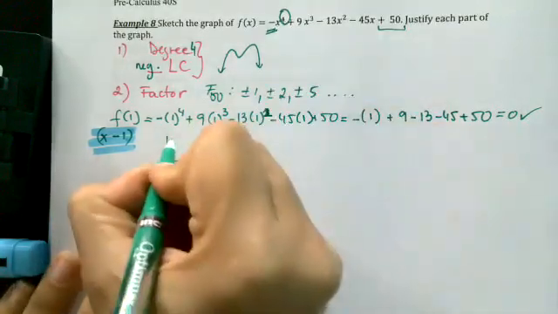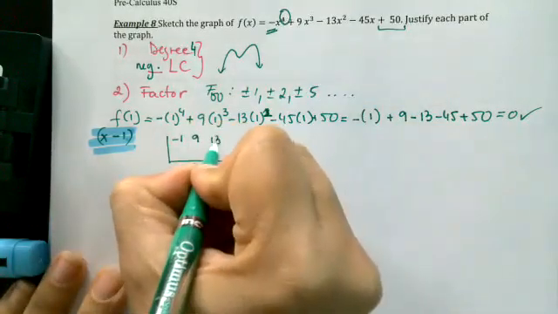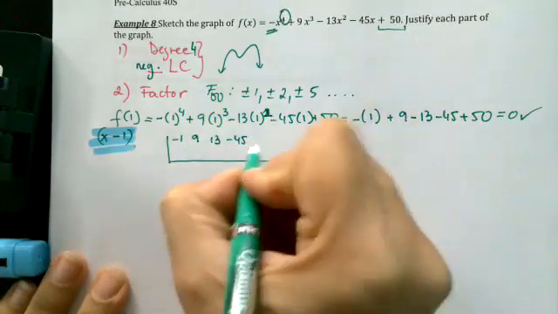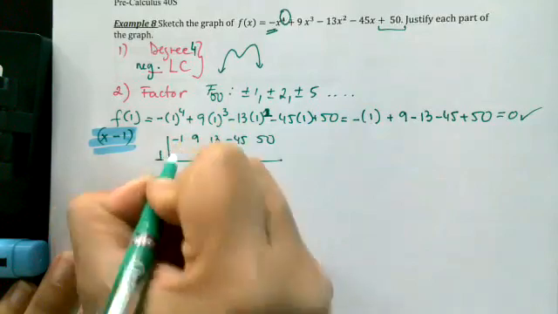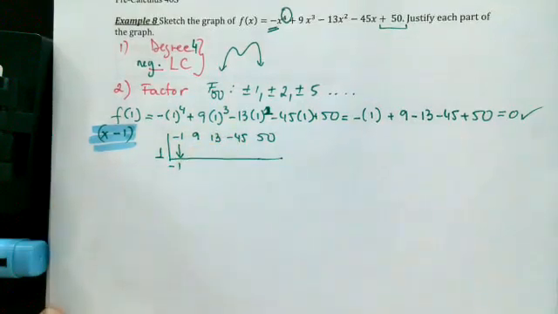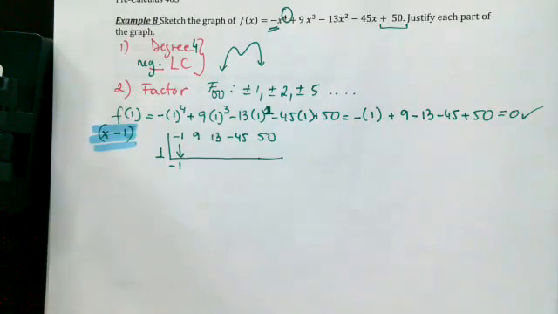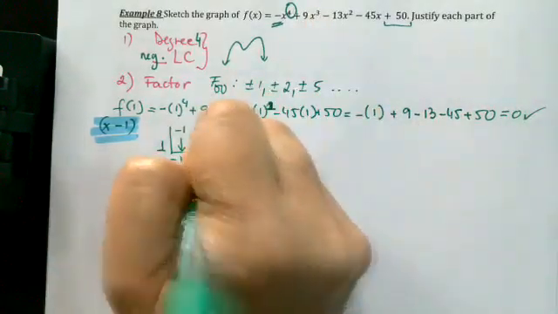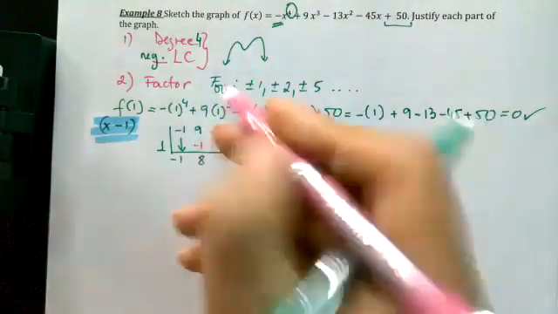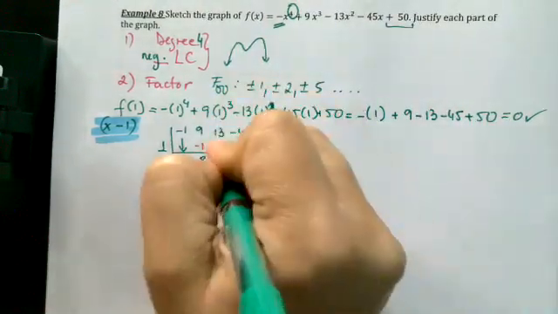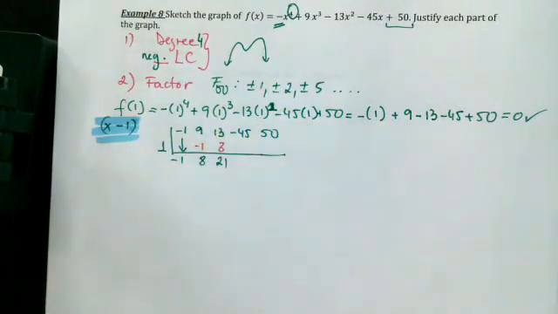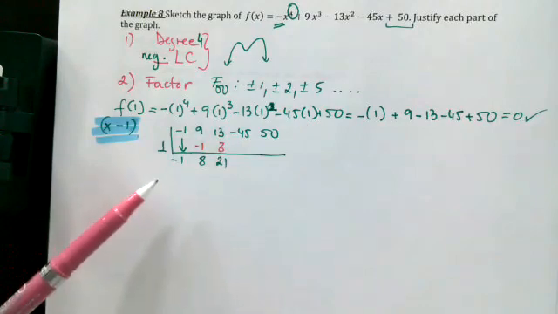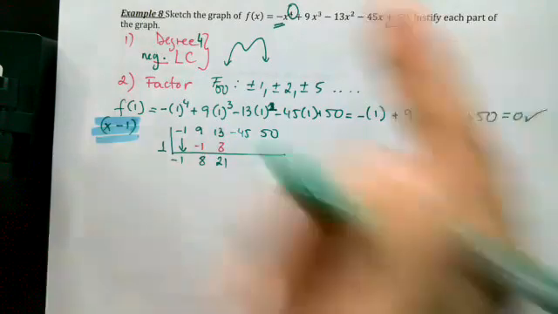Synthetic division: negative 1, 9, negative 13, negative 45, 50. We start. Negative 1, the first multiplication, add vertically, 8, and then 8, add vertically, 21. Why aren't we getting the same 0? It's negative 13, I copied it wrong.